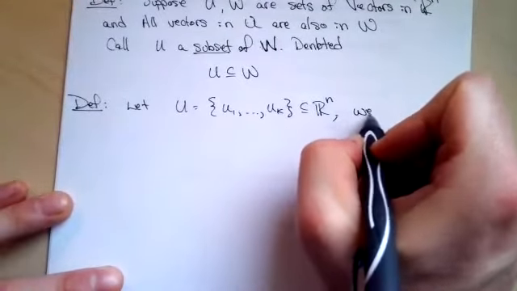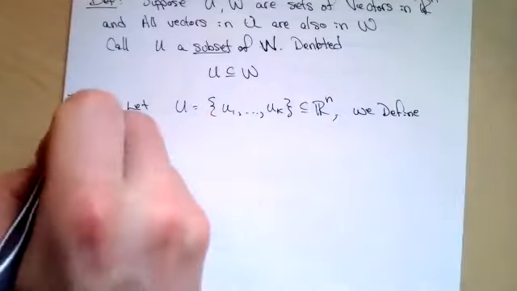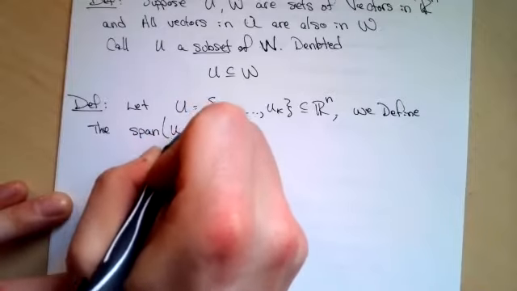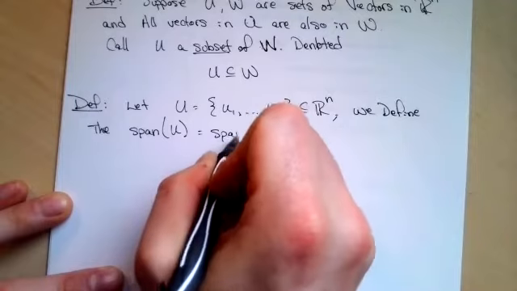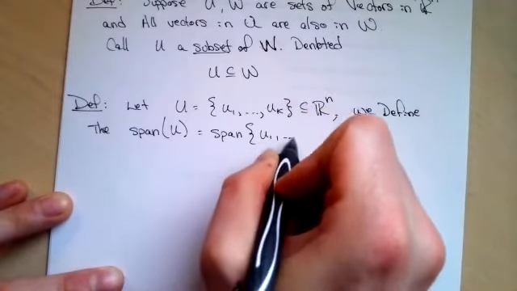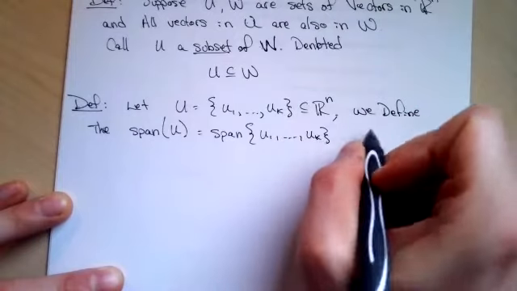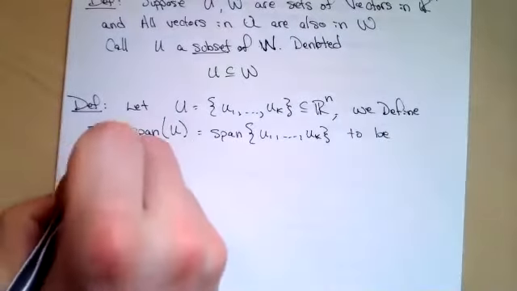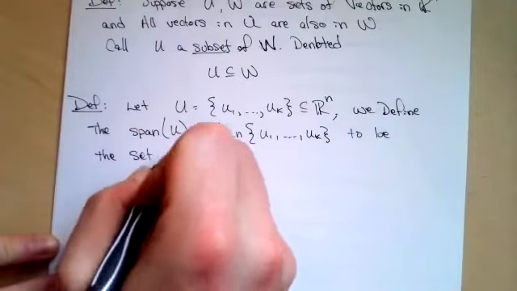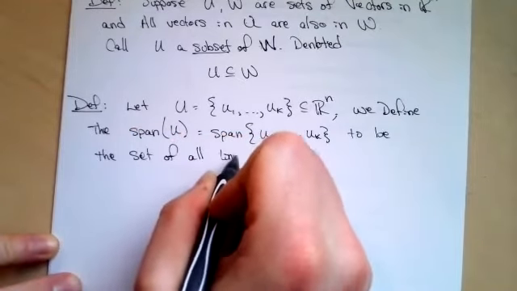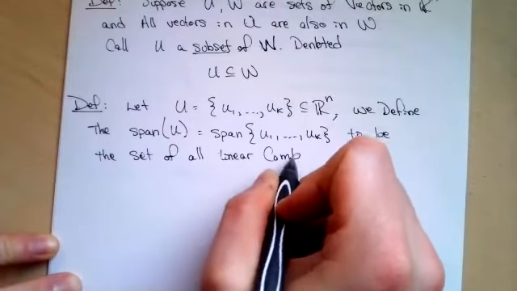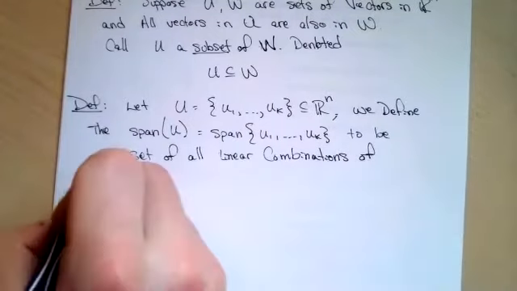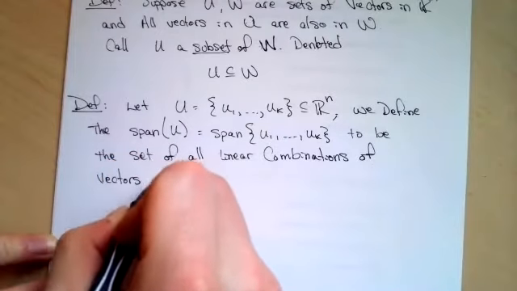Then we define the span of U, or sometimes we write it the span of that set or collection of vectors, to be the set of all linear combinations of vectors in U.